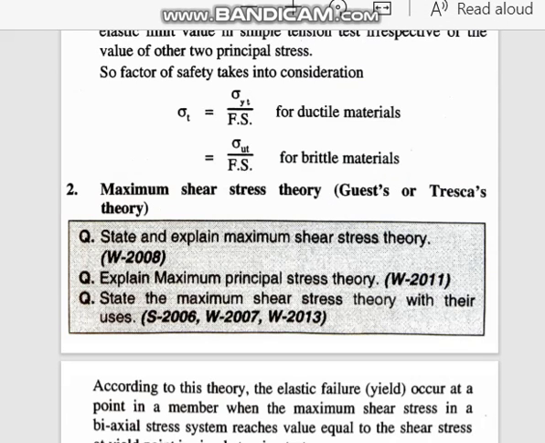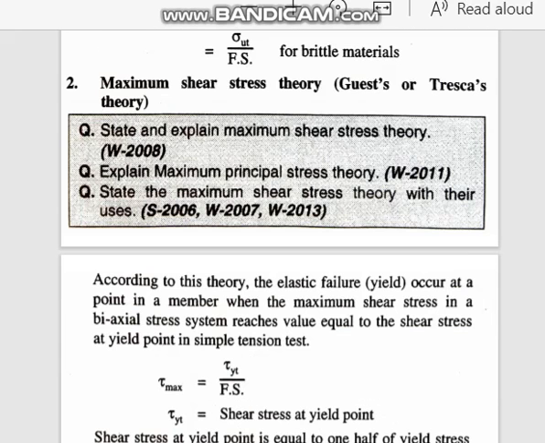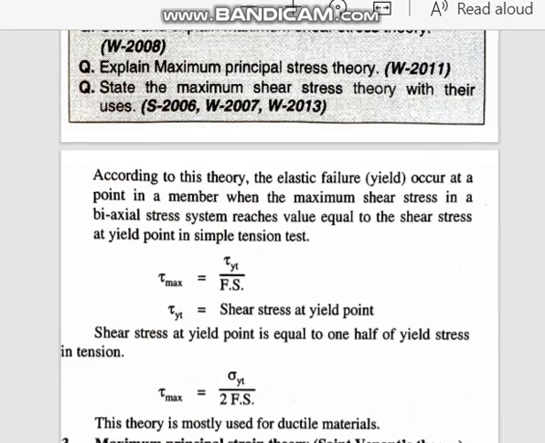Okay, coming to the second theory of failure. This is maximum shear stress theory. It is also called Guest's or Tresca's theory, after those people who proposed this theory.